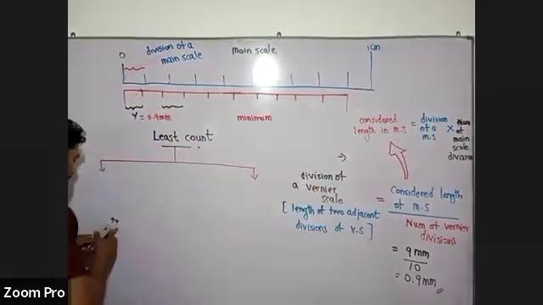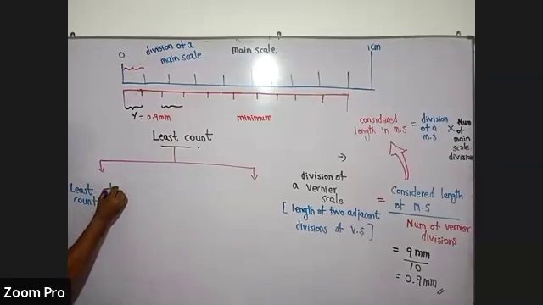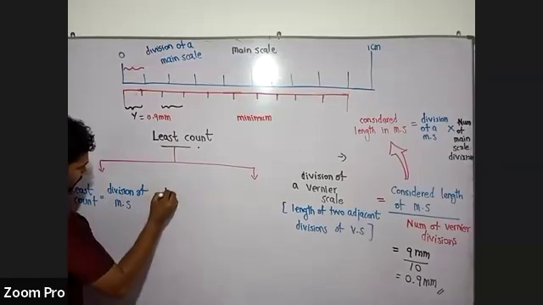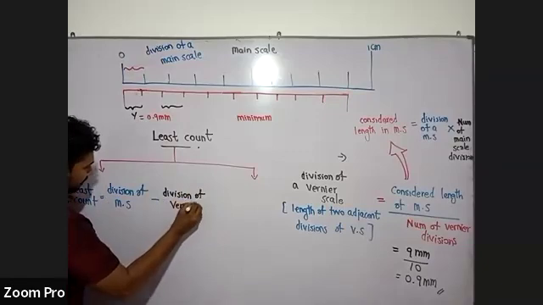Least count can be obtained by the division of main scale subtract division of Vernier scale.